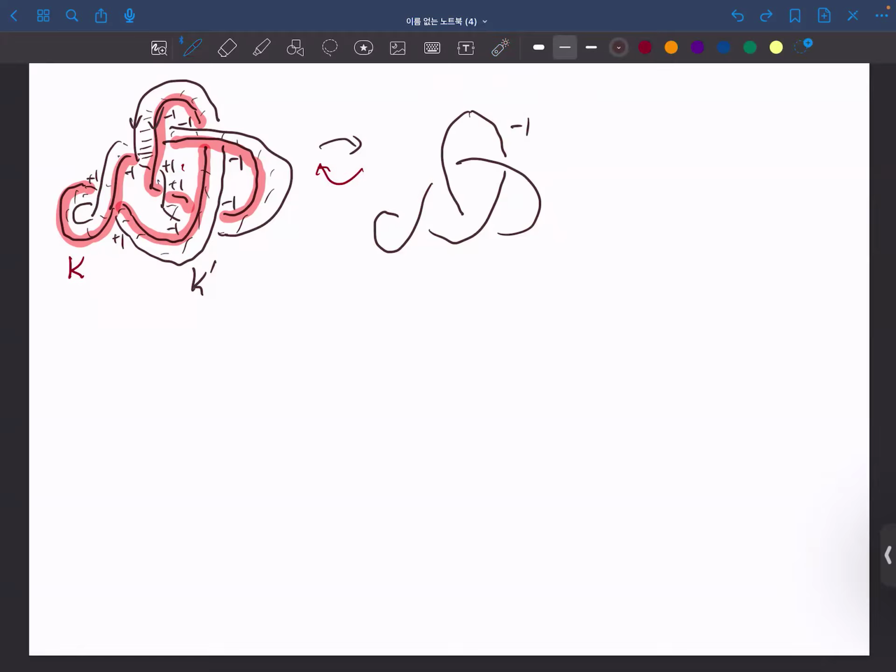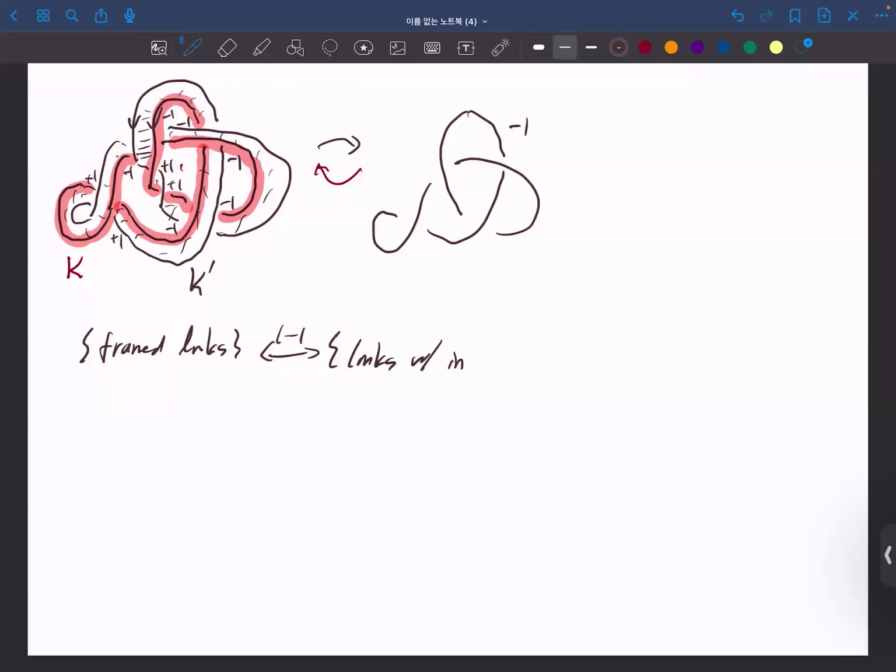So we can see that there is a one-to-one correspondence between framed links and links with integer numbers. And sometimes people call this one framing.